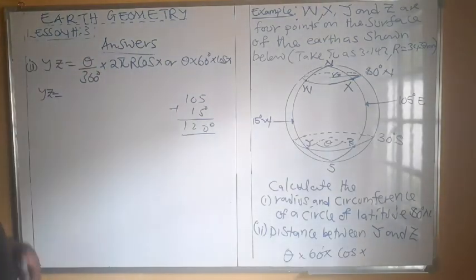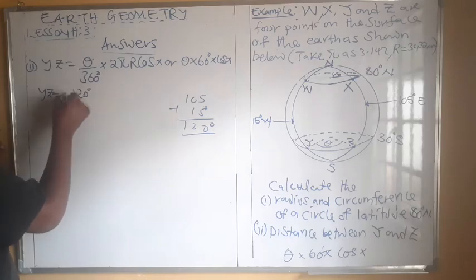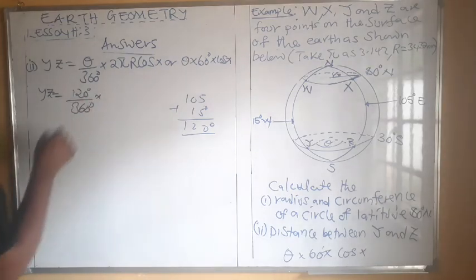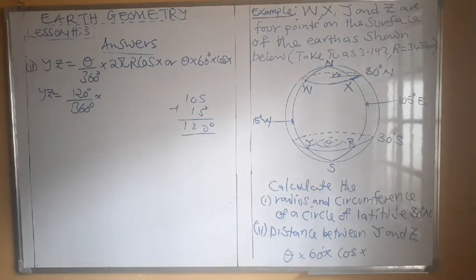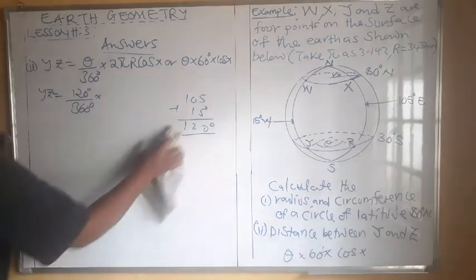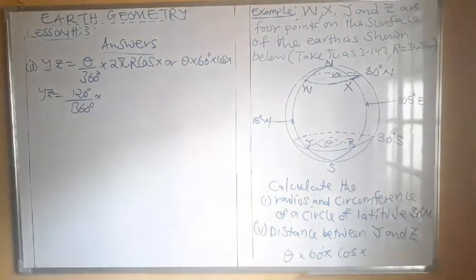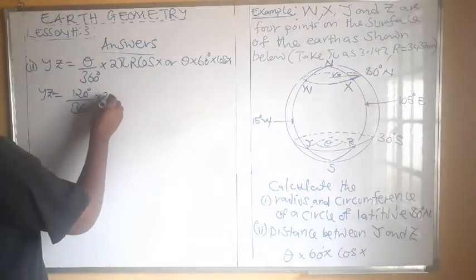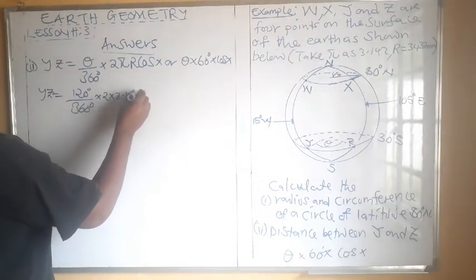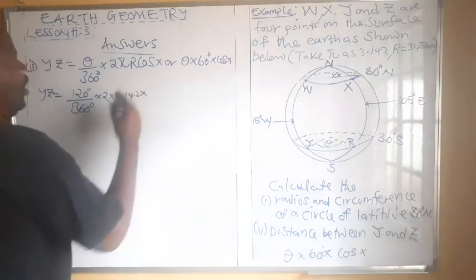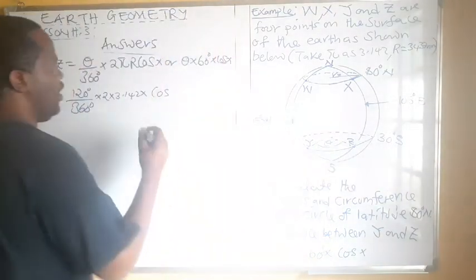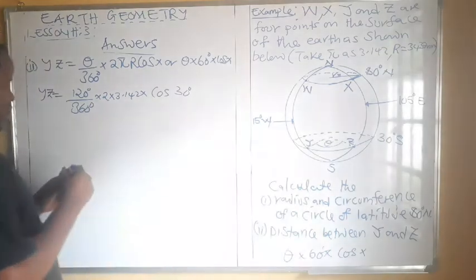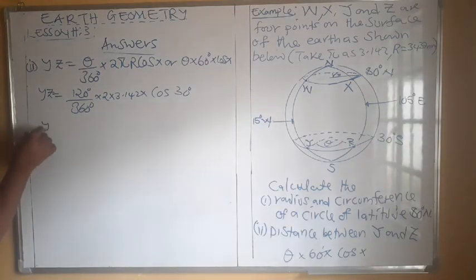The theta is 120. So you are going to say 120 over 360 times 2 by 3.142 times cos x. What is the angle of latitude here? It is 30 degrees. So you say cos 30 degrees. So yz, I have to compute this one.